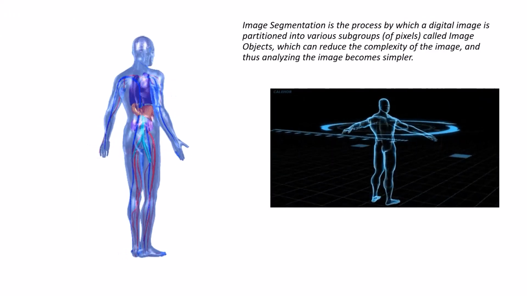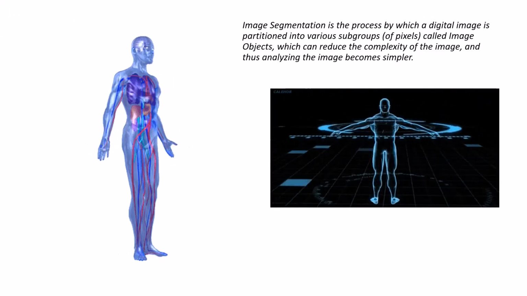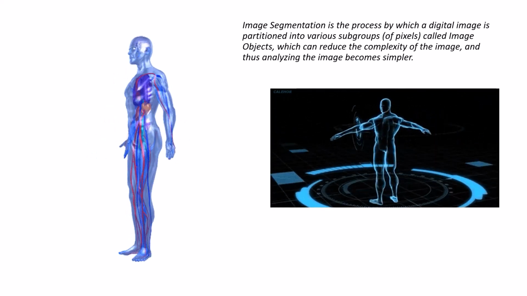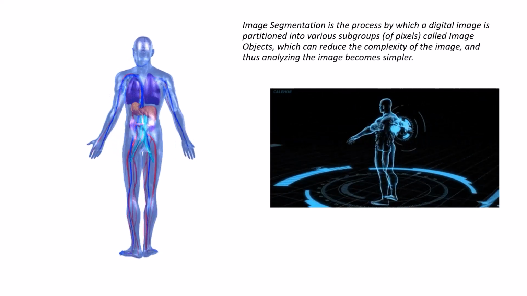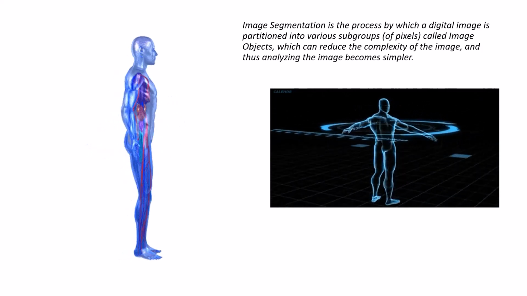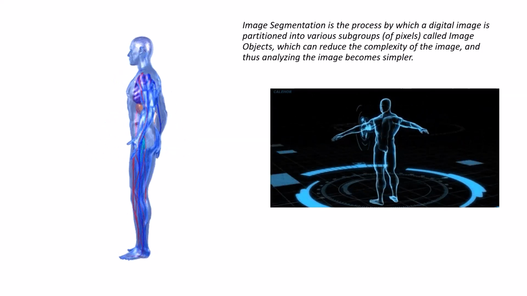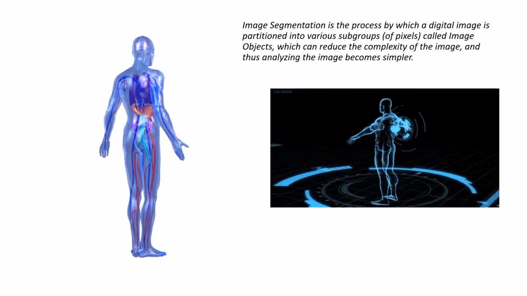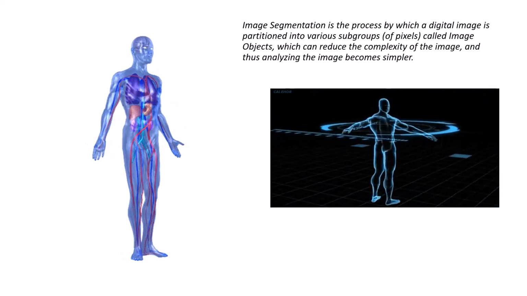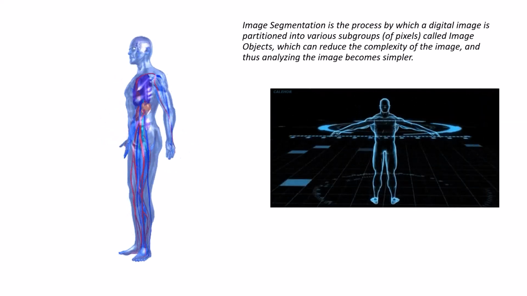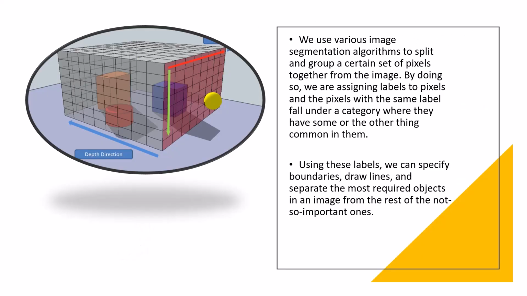Computer image reconstruction uses image segmentation. This is a process by which a digital image is partitioned into various subgroups of pixels called image objects. This reduces the complexity of the image and thus allows the analysis and reconstruction to be simpler. We use various image segmentation algorithms to split and group a certain set of pixels together from the image.